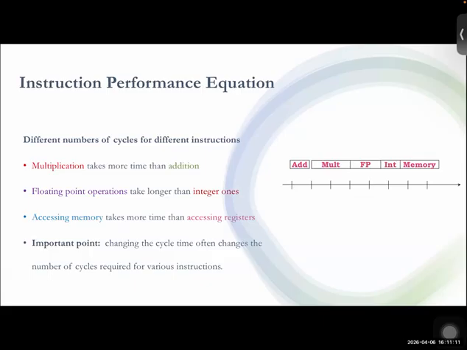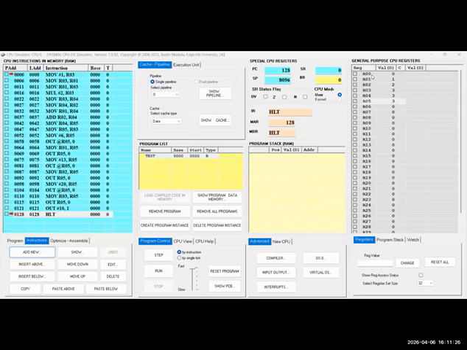Similarly, for accessing the general purpose registers, for example, let me just share this. Accessing a number from the general purpose registers may take less time compared to accessing the number from the data memory.